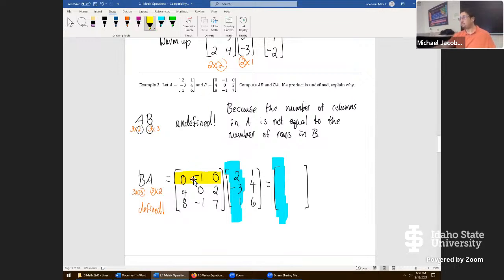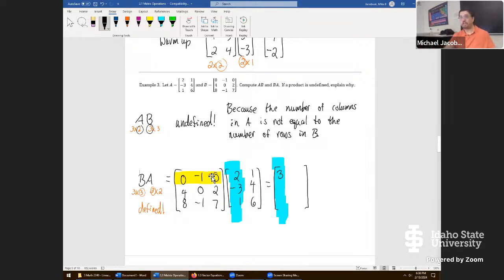If we multiply this vector with this vector as the typical dot product, we get an entry right exactly here. So let's make that happen. It'll be 0 times 2 for a 0, -1 times -3 for a +3, and 0 times 1 for a 0. All we get is a +3 on that product there. Does that make sense to folks so far, getting the 3?